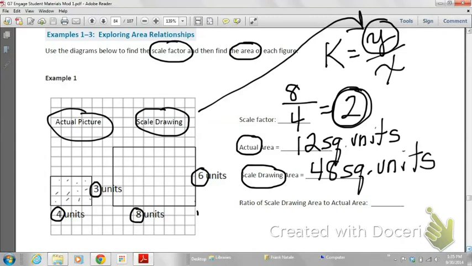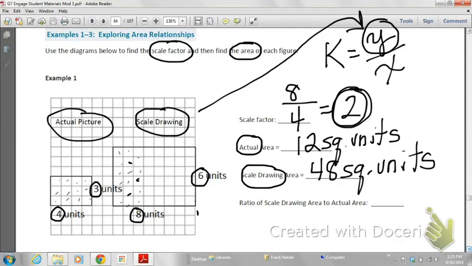If you were to count up all these, you would find there are 48 little square units inside of that rectangle. Trust me.